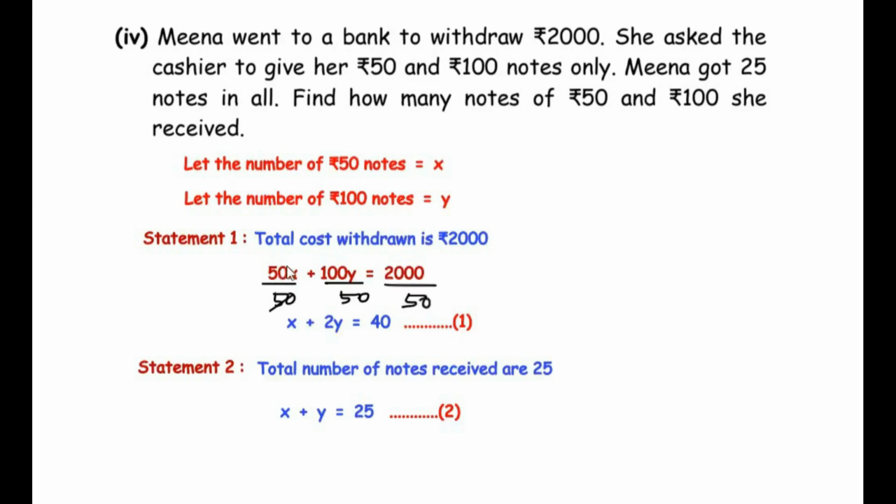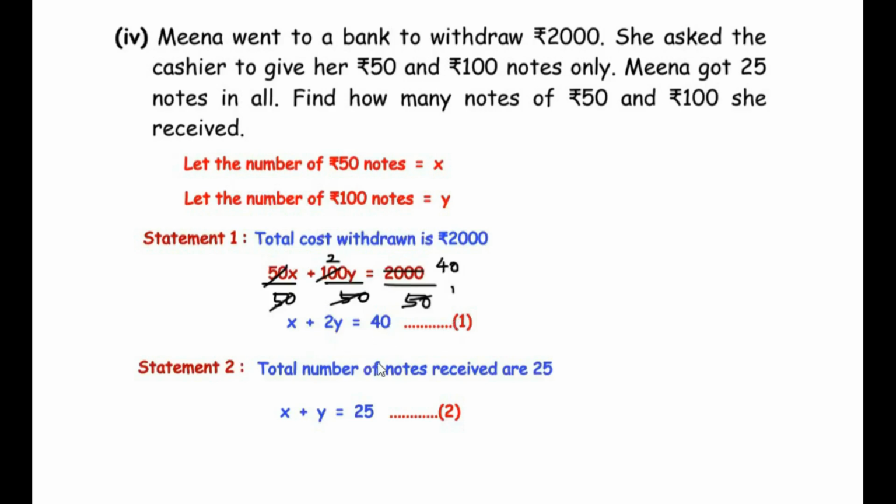So 50 will divide itself giving us 1x. 50 divides 100, that is 50 one times is 50 and 50 two times is 100. So we get plus 2y. And 50 divides 2000, that is 50 one times is 50 and 50 forty times is 2000. So we get our first equation as x plus 2y equal to 40.